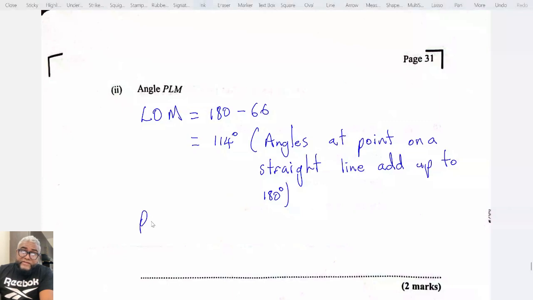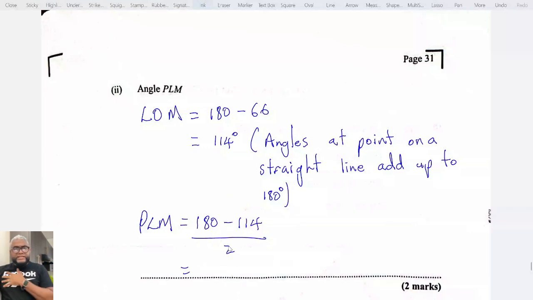And from there, we can proceed to find PLM. So PLM will simply be 180 minus the 114 all over 2. That'll be 33 degrees.